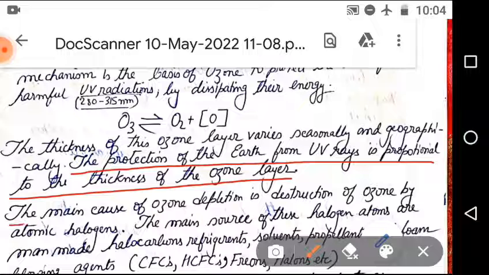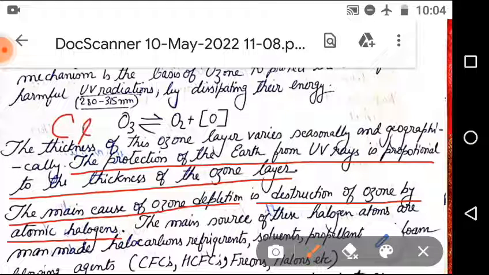The main cause of ozone depletion is the destruction of ozone gas by some gases, by some atomic halogens. There is a substance called halogen substance. For those who are not from a science background, halogens means compounds which are made from chlorine, fluorine, bromine, iodine.